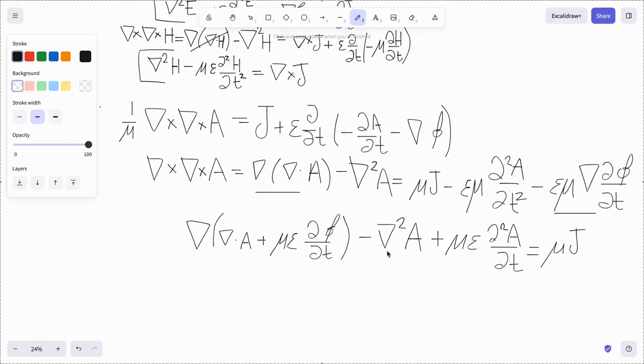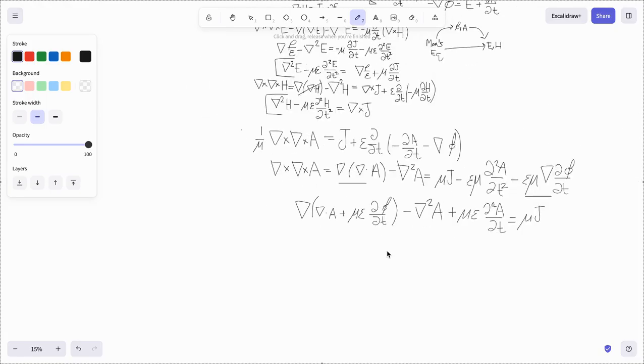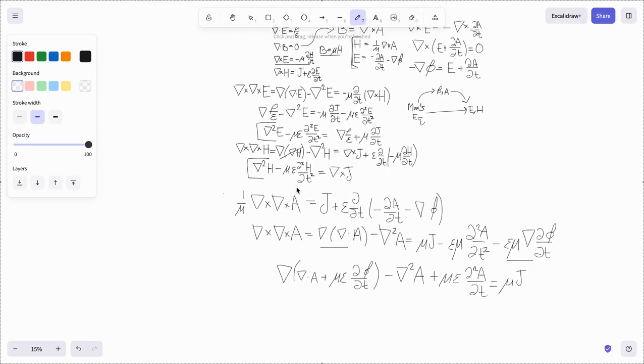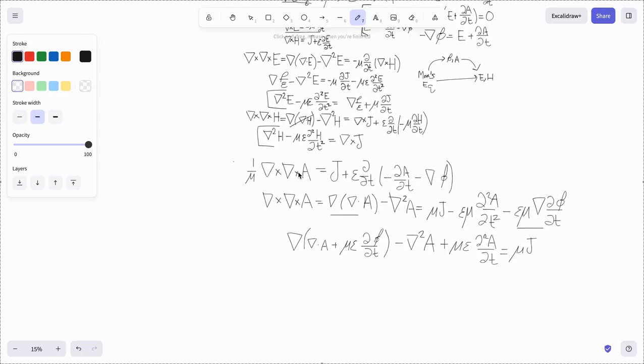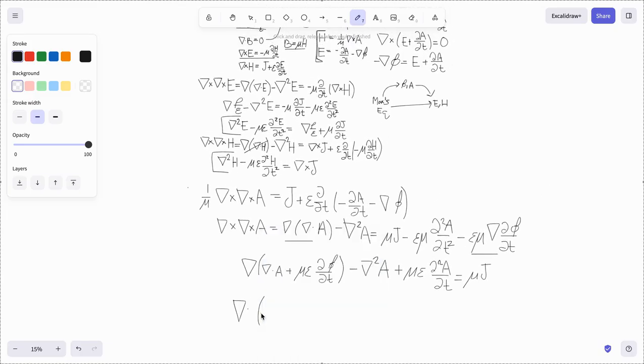And then similarly, to get the second equation for the other potential field, we're going to take our divergence equation here and plug in the divergence of E. We can rewrite it as the divergence of minus partial A over partial t minus the gradient of phi, and this is equal to rho over epsilon.